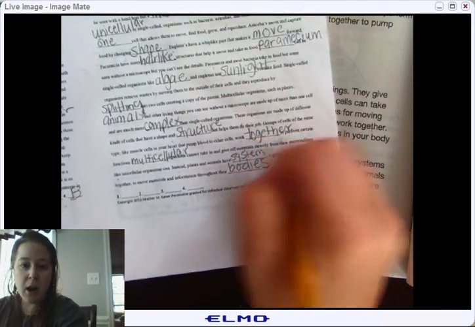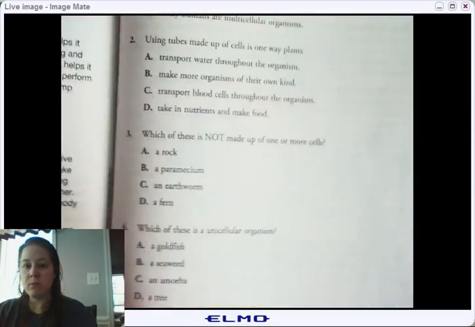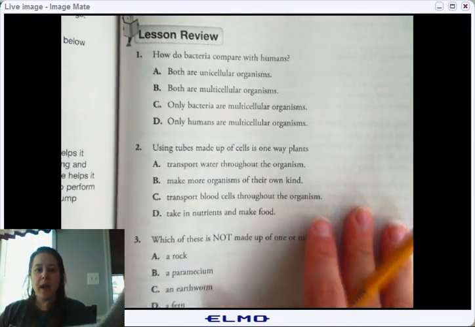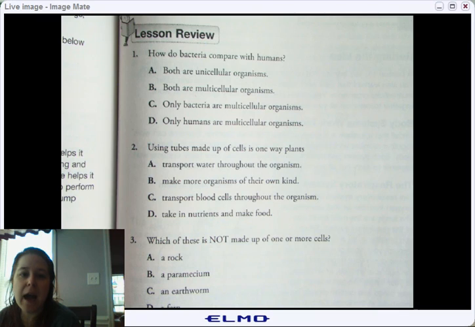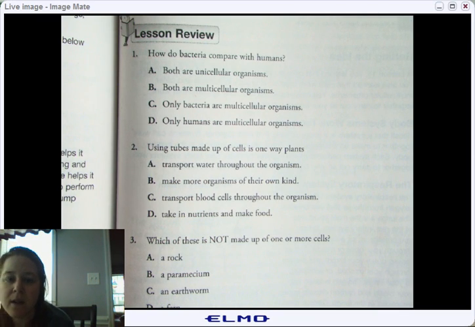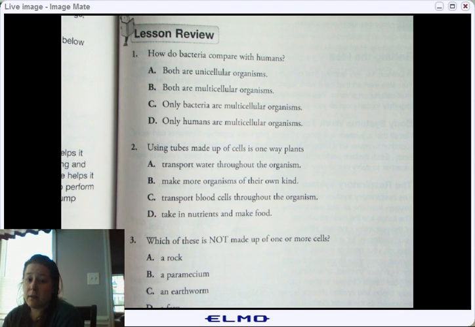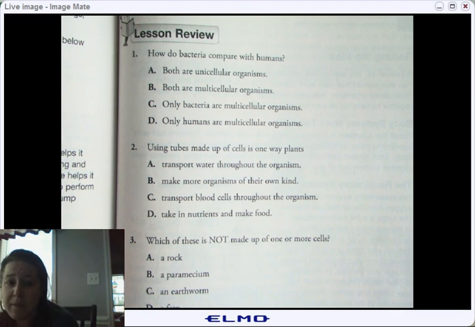Okay, now we're looking at our four questions in our lesson review. Number 1, how do bacteria compare with humans? A, both are unicellular organisms. B, both are multicellular organisms. C, only bacteria are multicellular organisms.